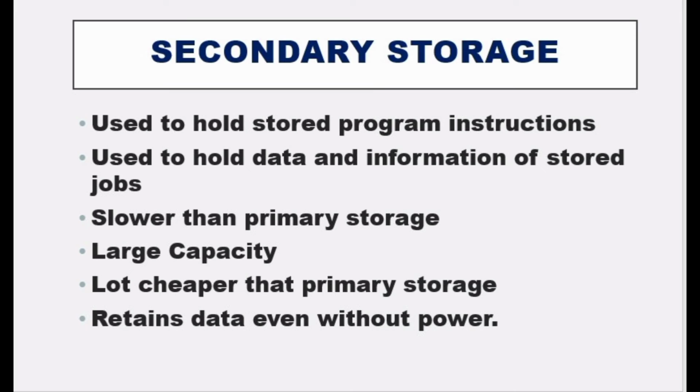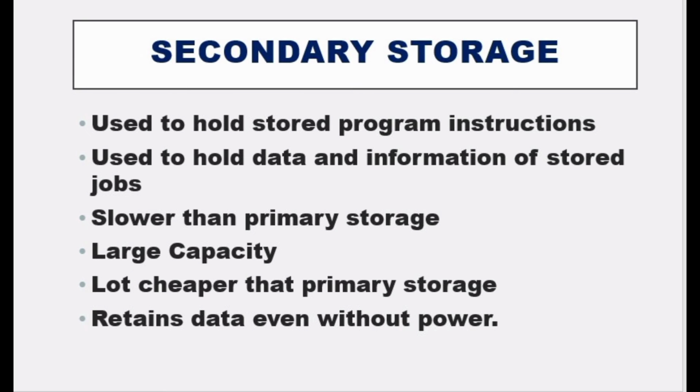It retains the data: whenever we switch off the computer, it retains all the data and instructions. It is also used to hold data and information of stored jobs. So secondary storage is larger than primary storage.